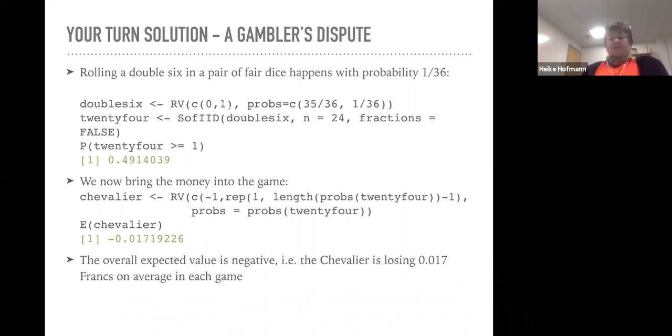So he had better not play this game very often. But it's a very small loss. But it's not even money. Even money would be if this probability is actually at 0.5. Okay? Does that make sense?